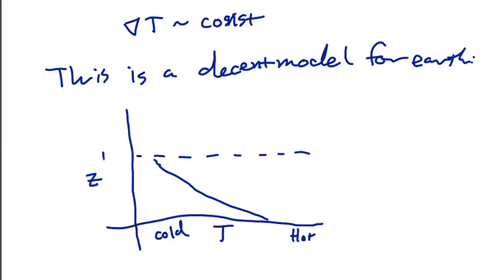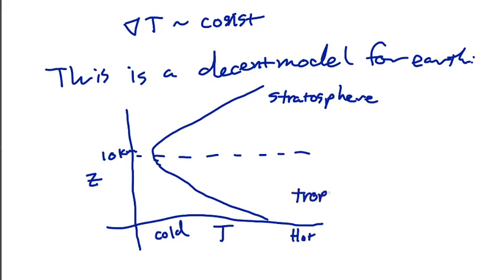And then above 10 kilometers, different processes take over, and this actually gets hotter again. This is what we call the stratosphere, so named because in this region the stratification is stable, and then this is the troposphere, where we live. There's a little person.